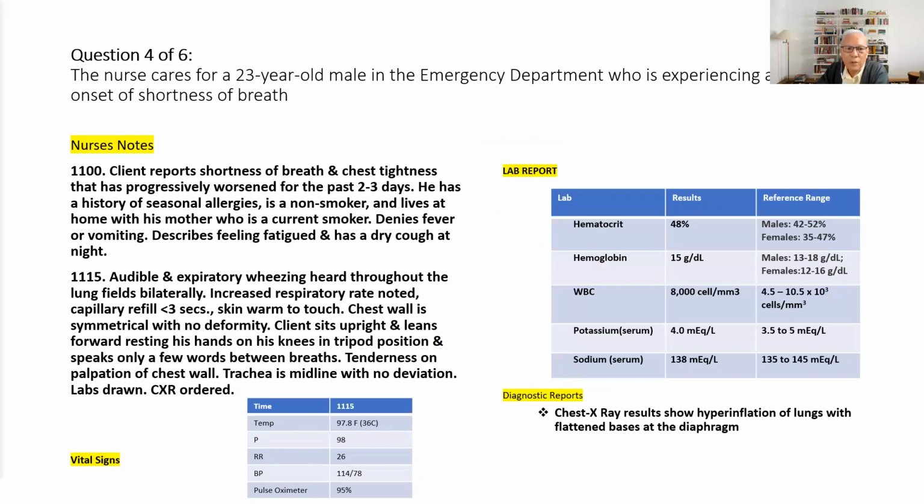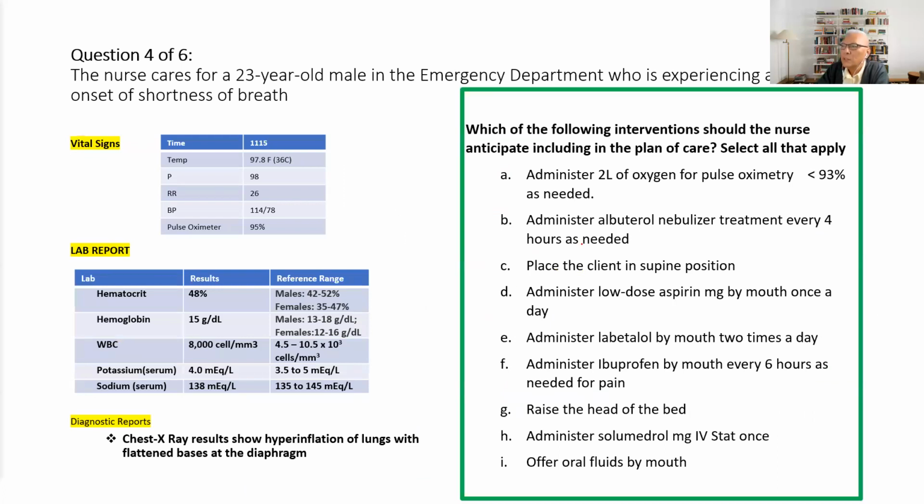Okay, so we have these. I think we already had that information, but the question now is, which of the following interventions should the nurse anticipate including in the plan of care? Select all that apply. So would we administer 2 liters of oxygen because the patient's oximeter reading is 93% when it's needed?